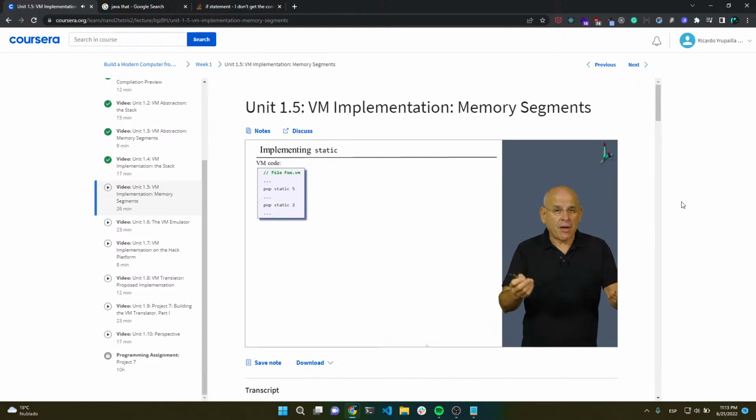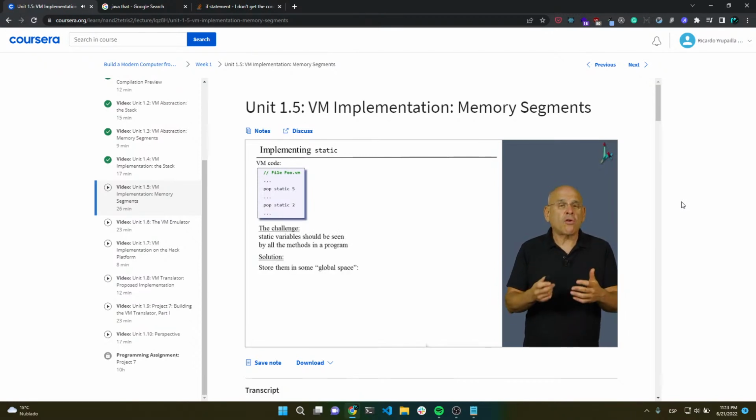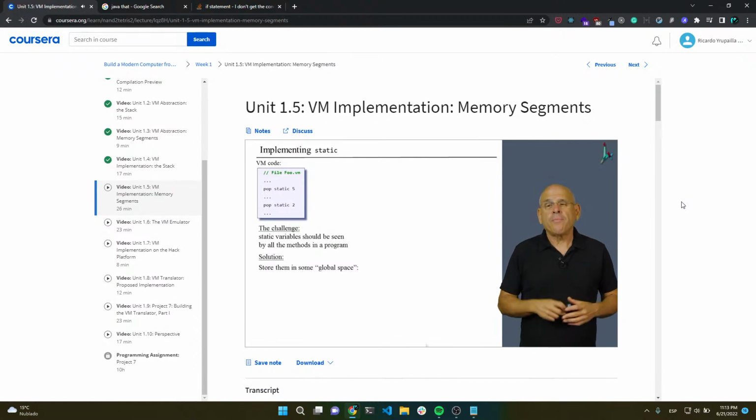Unlike local variables and argument variables, which are unique for each VM function, static variables are at a higher level of scoping, and therefore all the VM functions in your program should see the same static variables. Since we have this functional requirement, it's required to store the static variables in some global space, so that all the code generated from these VM functions will see the same static variables.